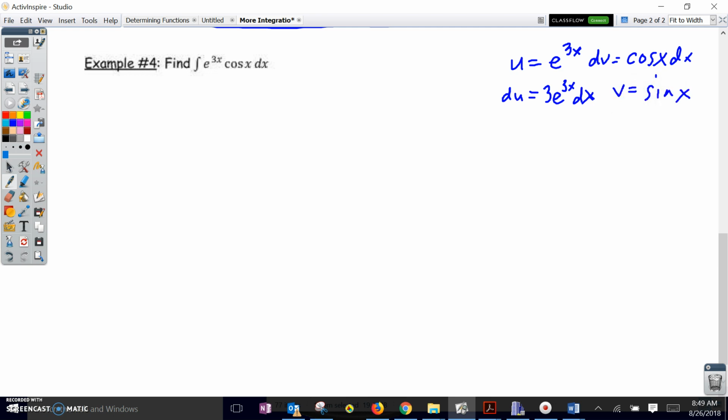And so now the integral of e to the 3x cosine of x dx is equal to u times v minus the integral of v du.